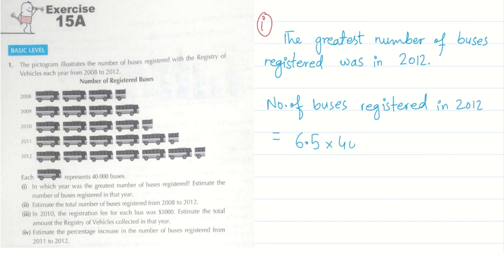So we will multiply this number by 40,000, and by multiplying 6.5 with 40,000 we get 260,000 buses. So in 2012 there were 260,000 buses registered in that year.